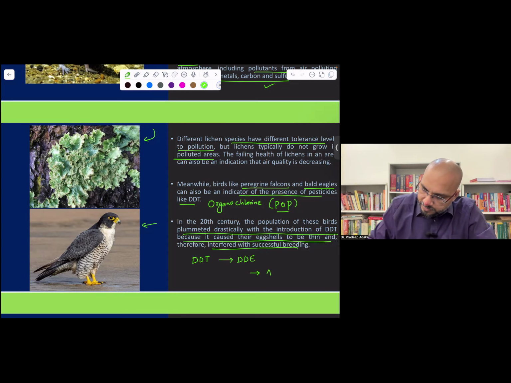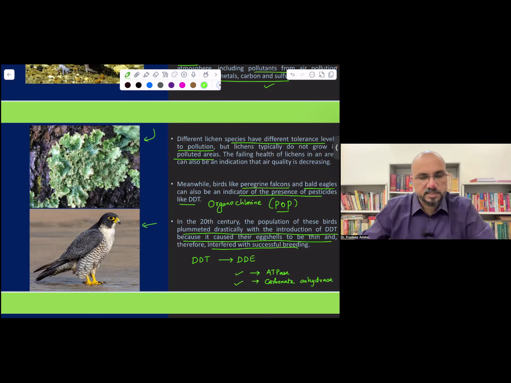So they interfere with the ATPase enzyme, and so these two enzymes, they are necessary for the formation of eggshell.